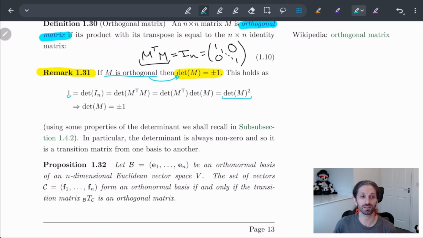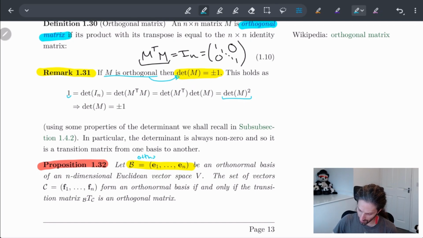And so it's a transition matrix from one basis to another. So that at least we're happy about. But we need to show that it's actually an orthogonal matrix. So what we're going to do is show the following proposition. Here we're going to start off with some orthonormal basis B for an n-dimensional Euclidean vector space.